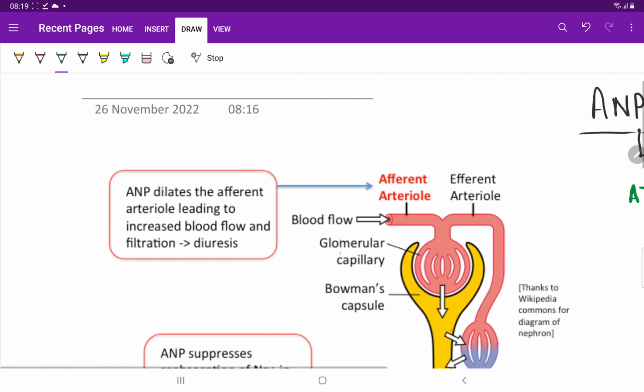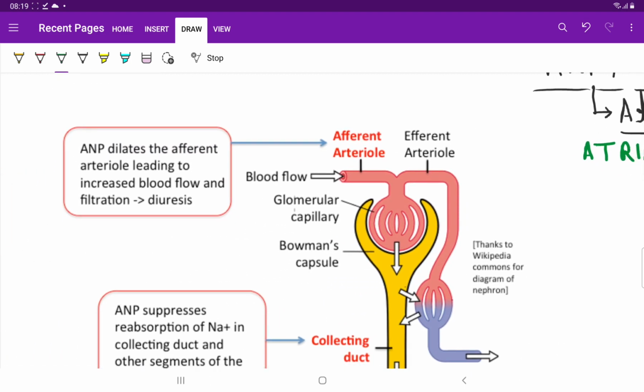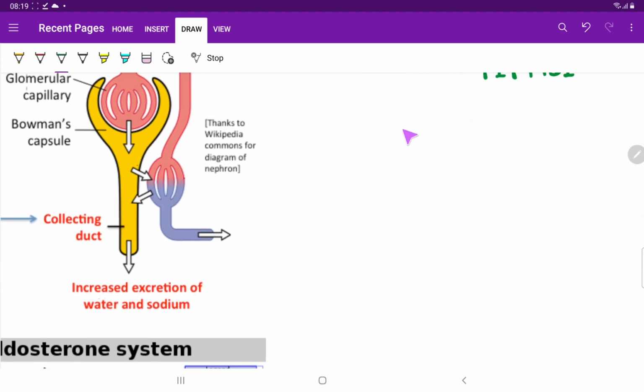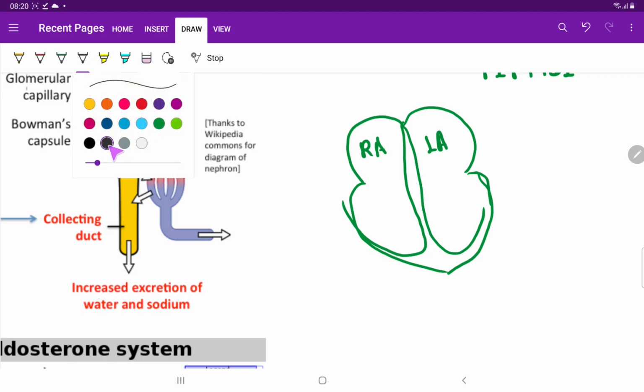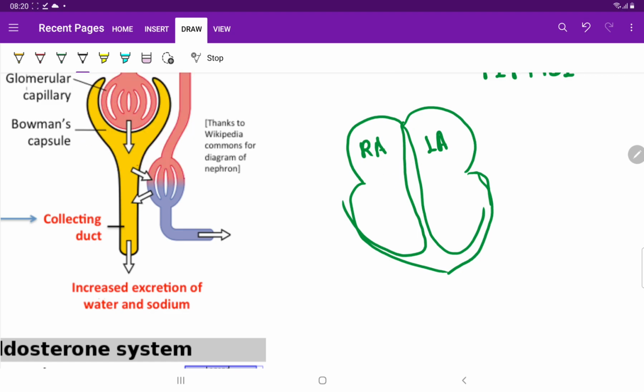This atrial natriuretic peptide is secreted by, see, whenever our heart, this is my heart suppose, and this heart has two atria and two ventricles. This is the right atrium and this is the left atrium. Whenever blood pressure crosses the normal level, when BP increases, our atria are going to dilate.